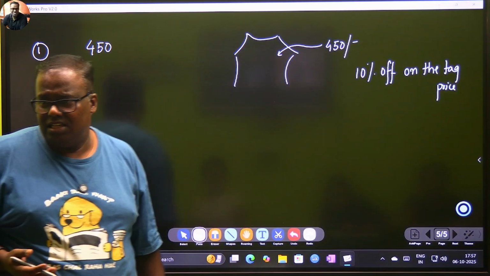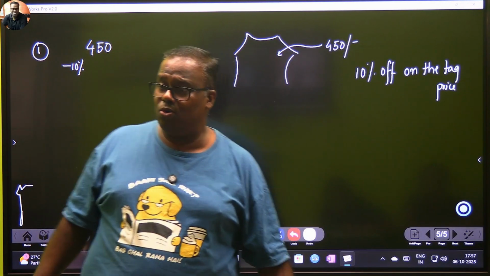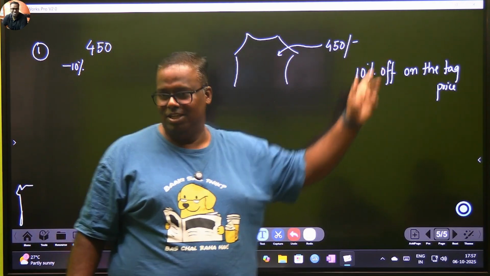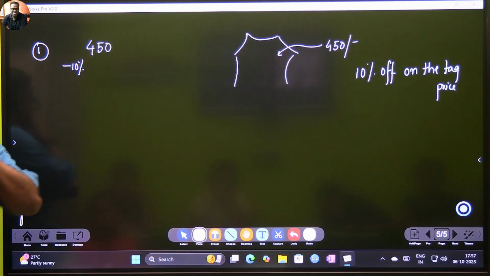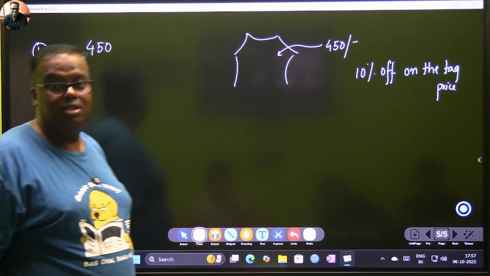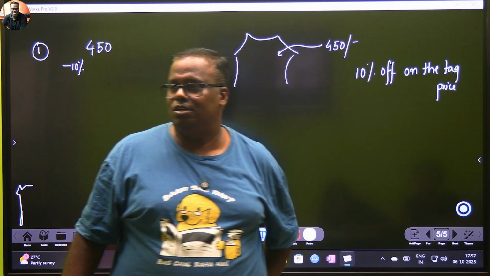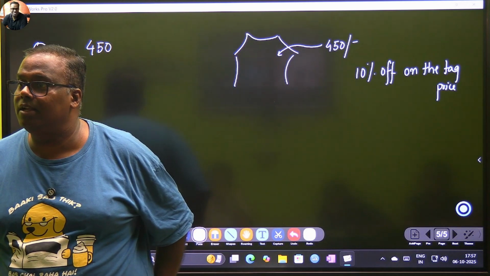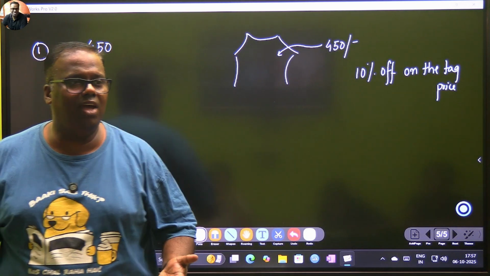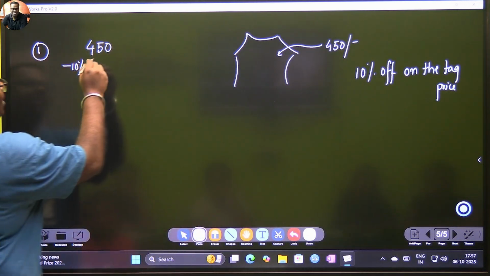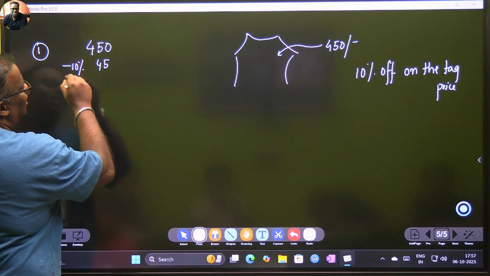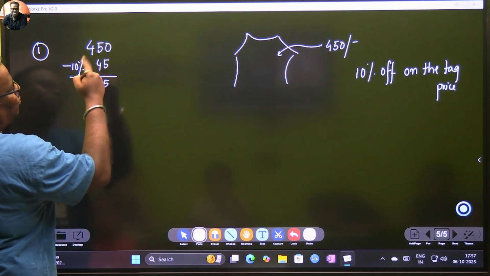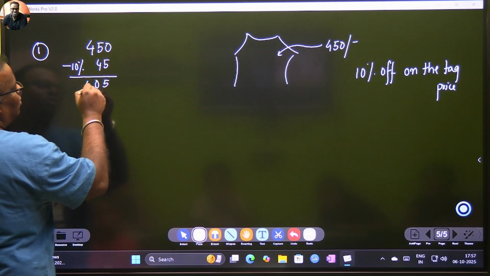My age, your age, my money? No, 10% of the tag price. So the tag price is 450. 10% means what? Somebody by 10. 450 by 10, 45. So 450 minus 45 is 405.